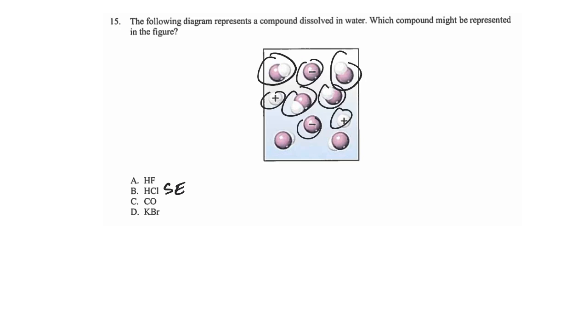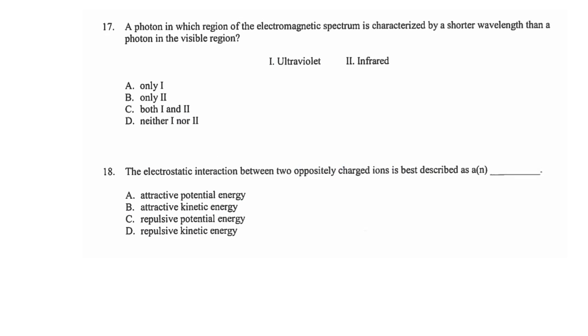So all the molecules should have been broken apart if it's HCl. So B doesn't make any sense. C is a non-electrolyte, so that doesn't make any sense. KBr is a strong electrolyte. It should be completely dissociated in solution, so that doesn't make any sense. So the only one that makes sense here is the weak acid, weak electrolyte, HF. So we have some intact HF molecules, some of them have dissociated. So A makes the most sense.